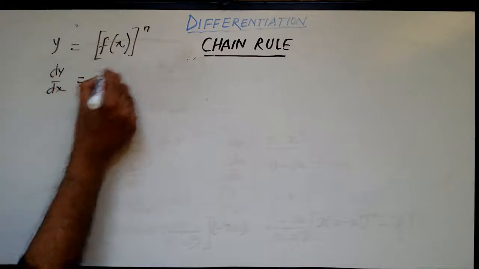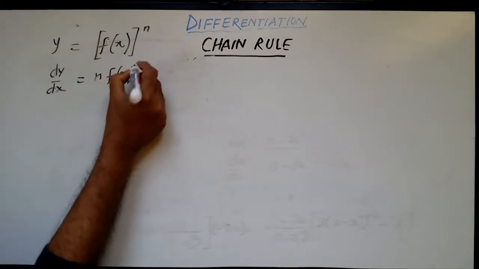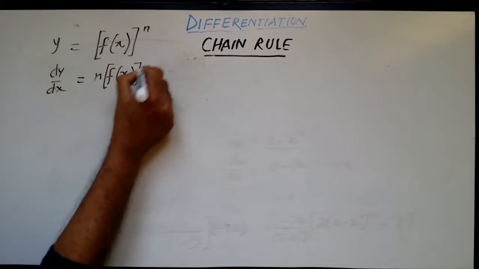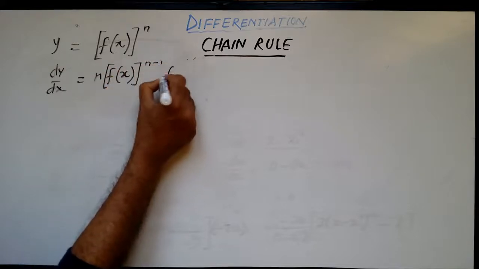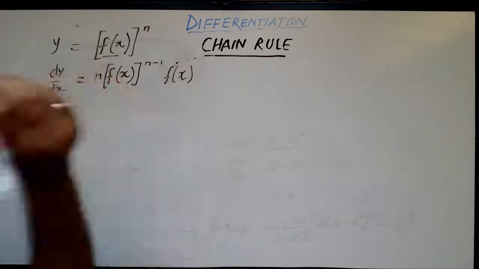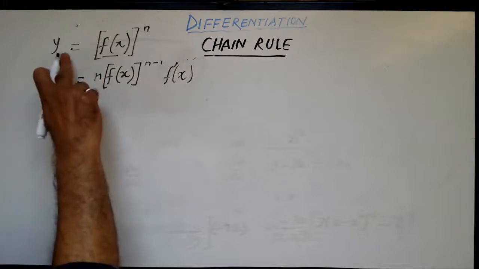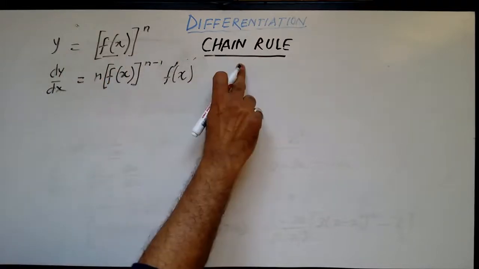So dy by dx in this case is n into f(x) to the power n minus 1, and again the differential of this function, that is f dash x. Okay, this has been derived using the chain rule.